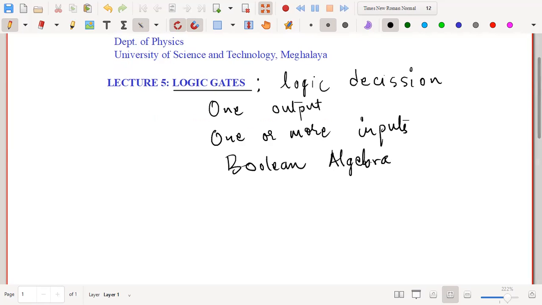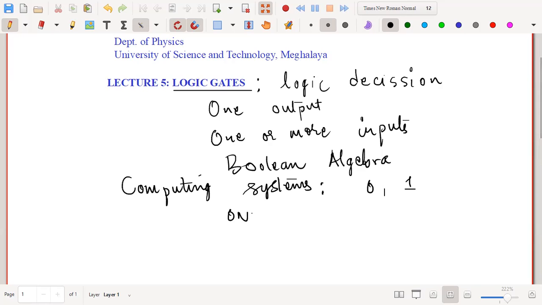Now if we consider computing systems, the numbers 0 and 1 are used to represent two possible states. Those two possible states may be an on state or an off state.